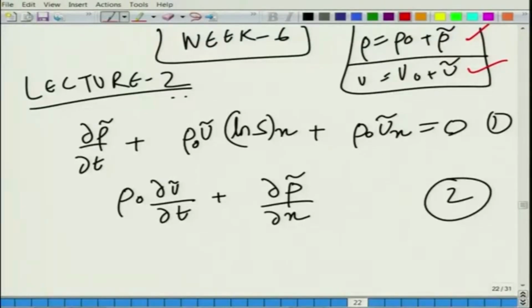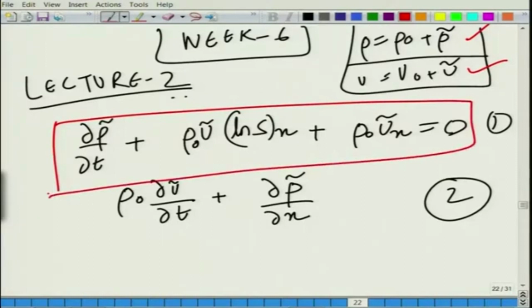We can figure out that any quantity that is a product of these tilde terms, regardless of the derivative being there or not, is a second order term. When we invoke such arguments, these terms can be safely ignored in the derivation, and finally we will end up with the linearized form.